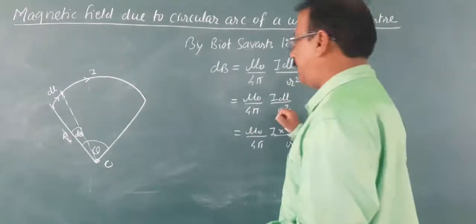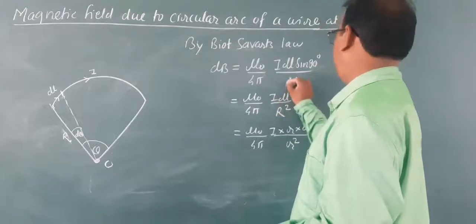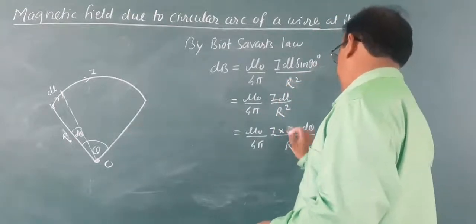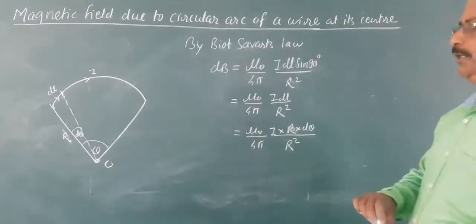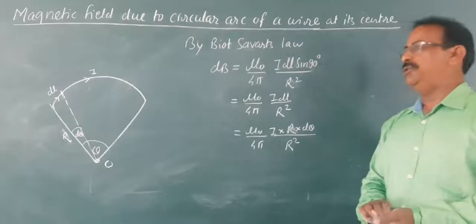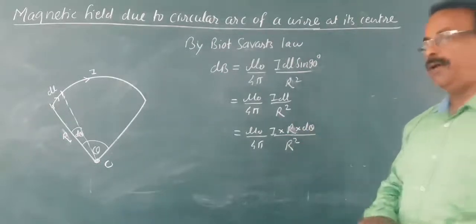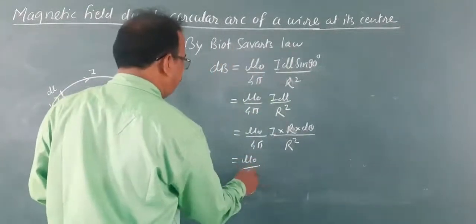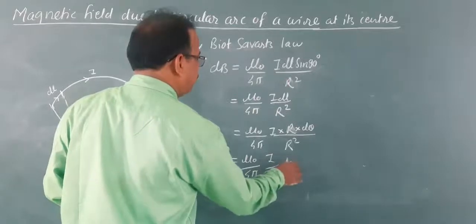Radius is here capital R. Radius into angle subtended by an arc with the center gives us length of an arc. Cancel one R from this. We get mu 0 upon 4 pi, I upon R d theta.